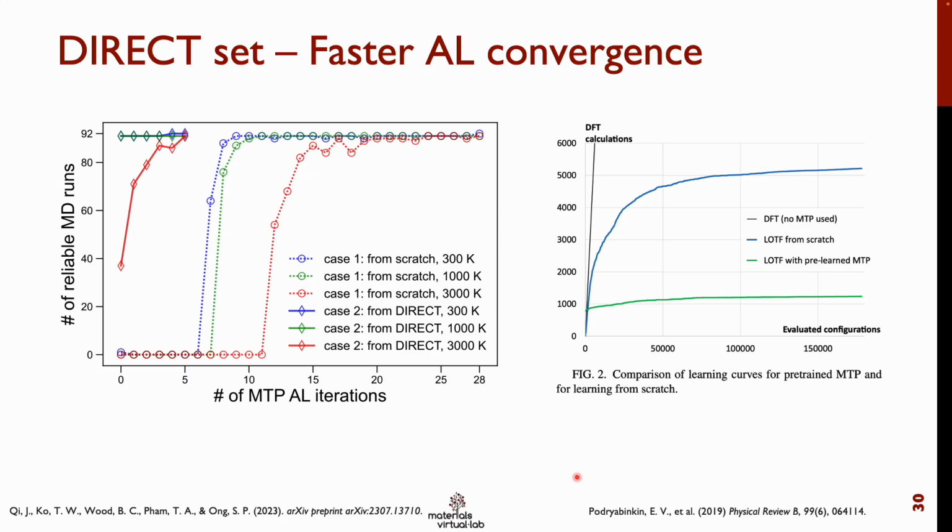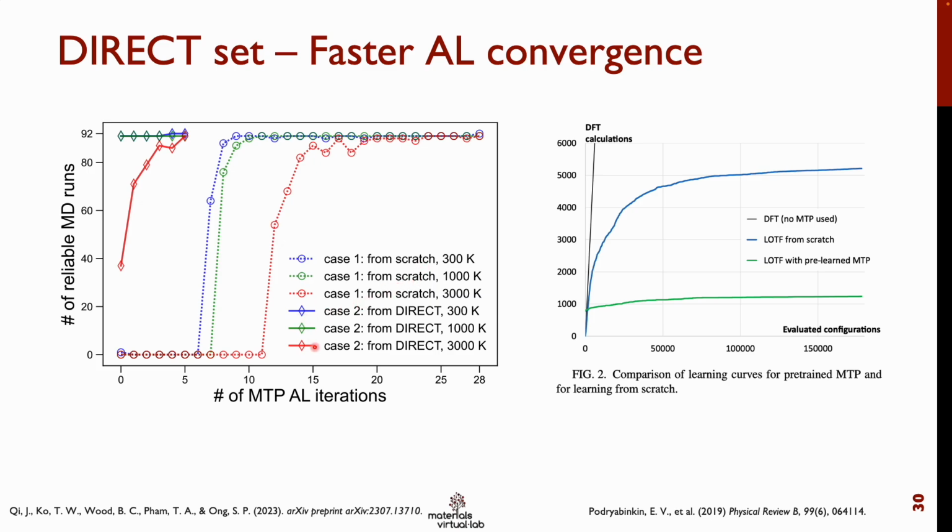So, we further test the stability of our moment tensor potential trained with the direct set. So here I compare two active learning schemes starting from different initial structure sets. The first case is from scratch, which is starting from, say, 90 structures, which are ground state structures for titanium hydrogen structures.